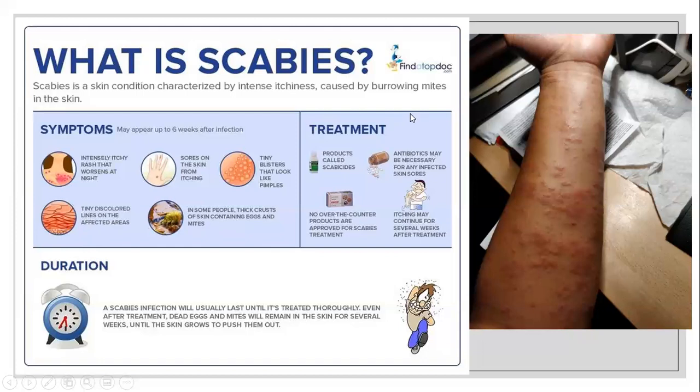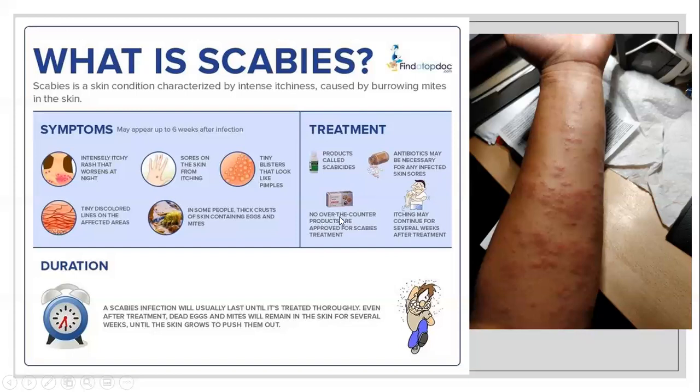So what is the treatment? A product called a scabicide, a medication that kills or eradicates the organism. Antibiotics may be necessary for any infected skin sore.